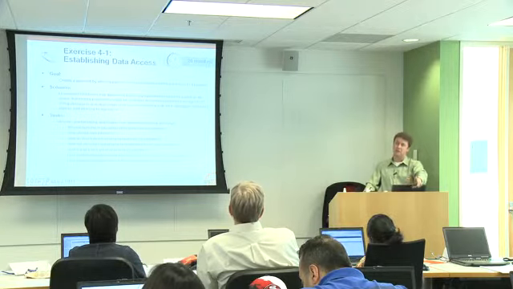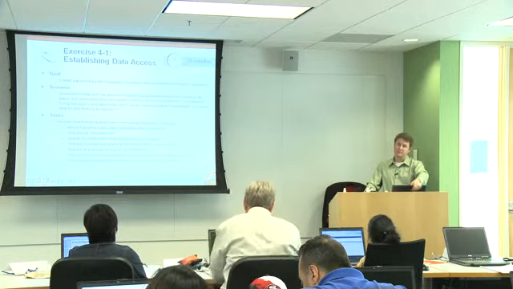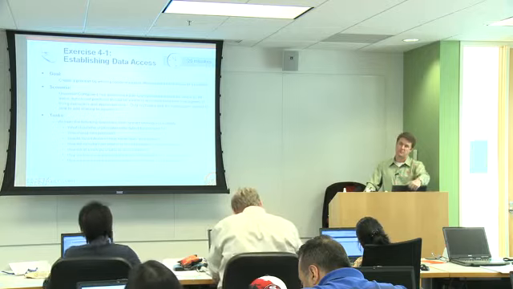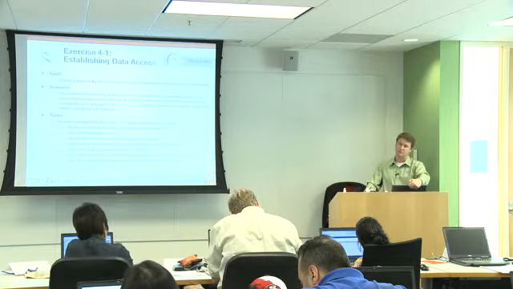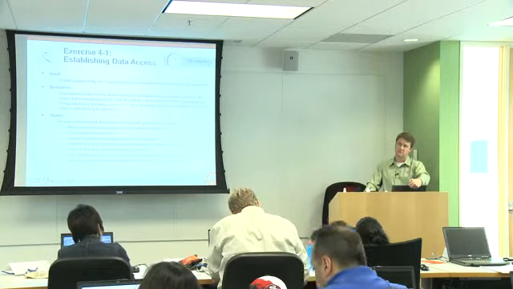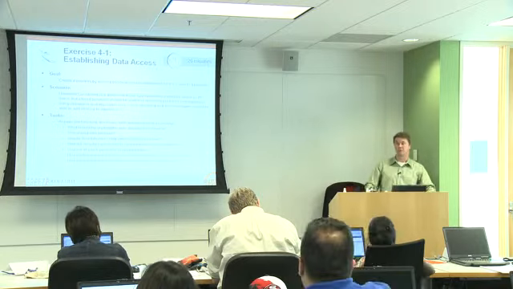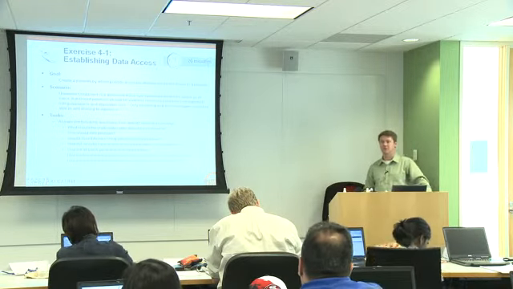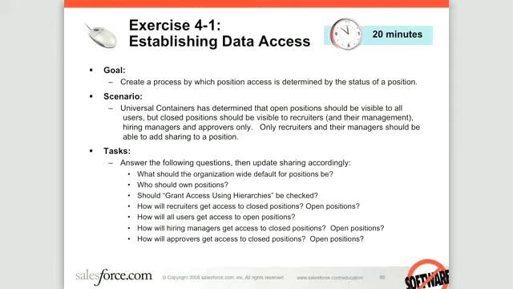You would create a public group of hiring managers and then share it with all your hiring managers. Oh, and you can do that in the manual sharing. Yes, when you do manual sharing, you can specify a group, not necessarily a specific user. And for the last one, the same thing goes for approvers as it did for hiring managers. Okay?